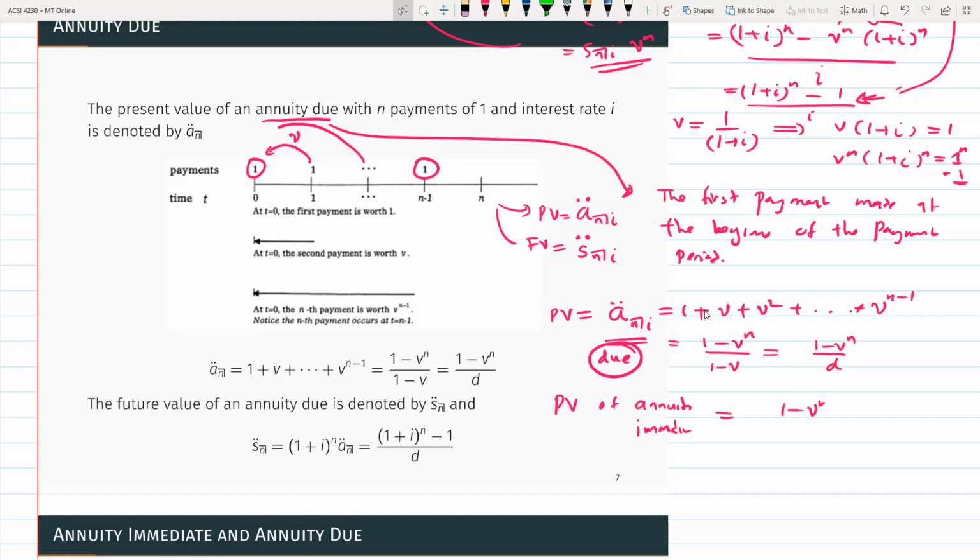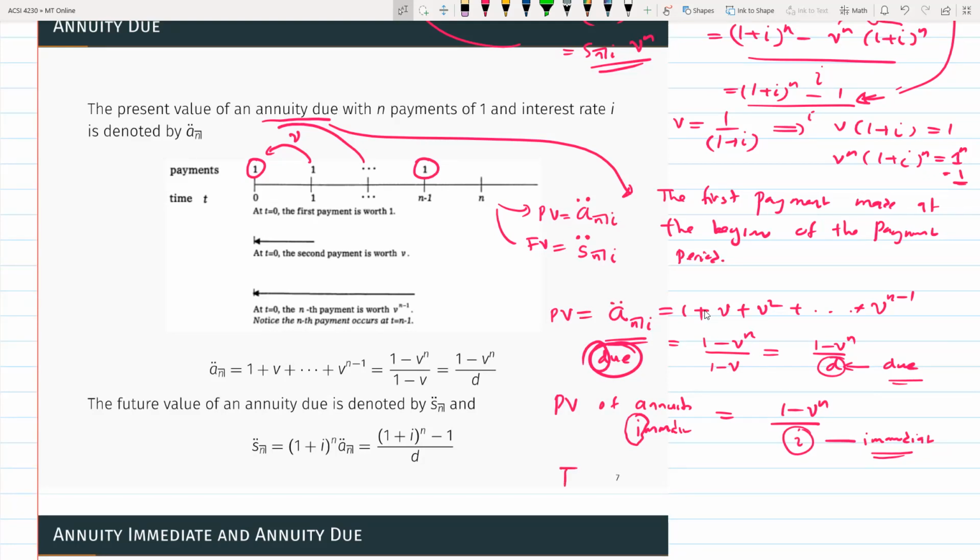So that formula is (1 - v^n) over i. So you can see the difference coming from these two terms. So the usual trick is remembering i is i, here d is d. So this is for due, this is for immediate. Okay. It just happened to be there, so you can remember the formula that way.